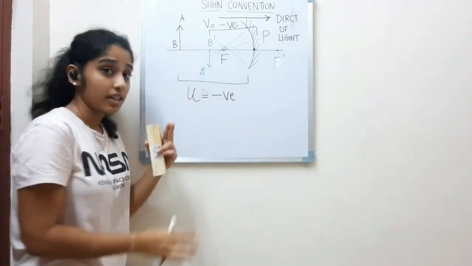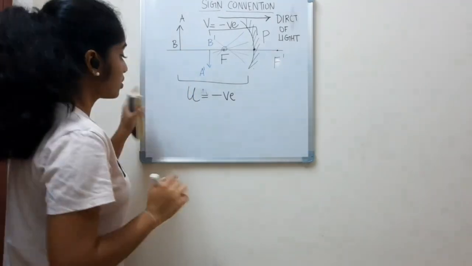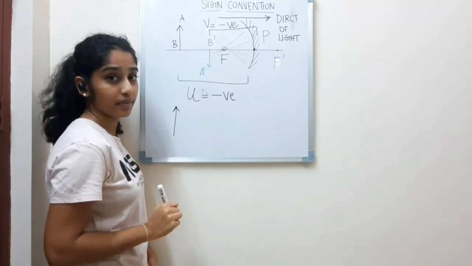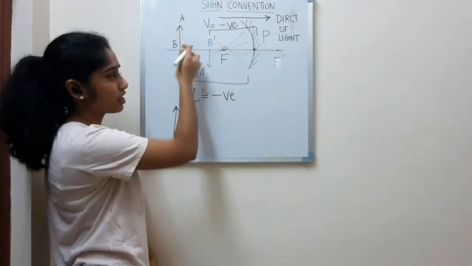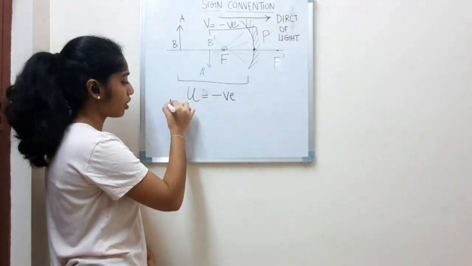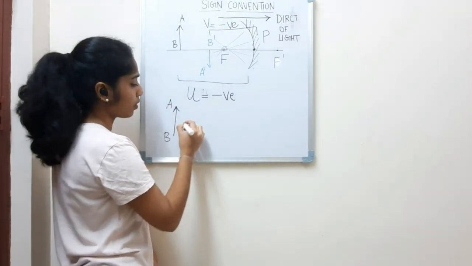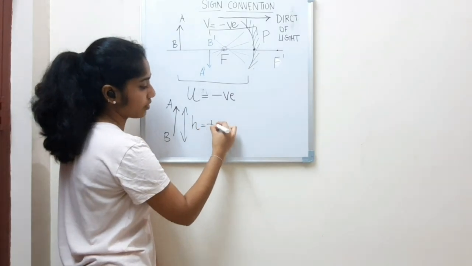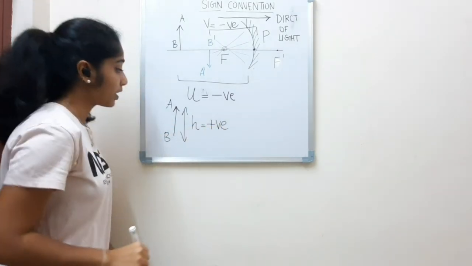Now, the object is erect and upright. So whenever anything is erect with respect to the object, you're taking the object here first. So your object is erect, so the height of your object, h, will be positive. Now again, this is a rule.